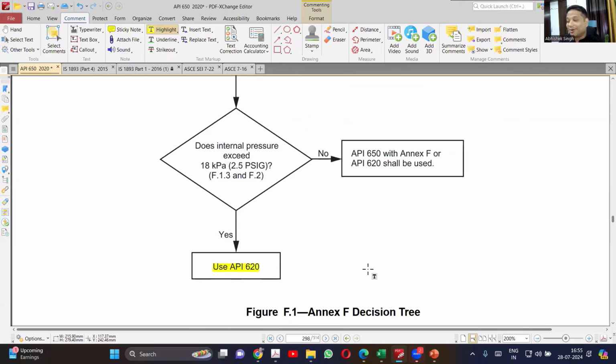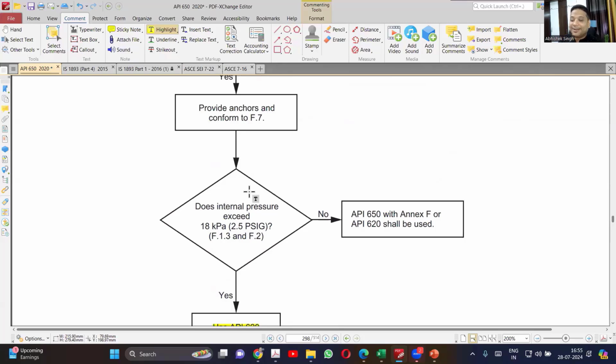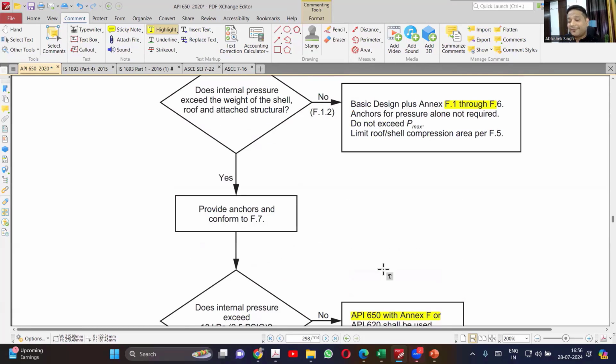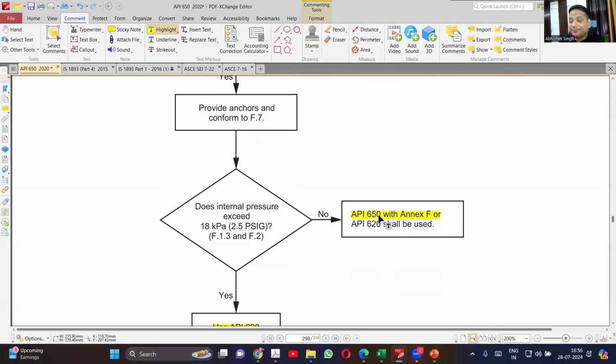You are in the wrong code. If the answer is no, then there will be additional calculation in Annexure F of API 650, which is F7 and F8. We will see what additional calculation will be done. That will be required. Is that making sense, guys?